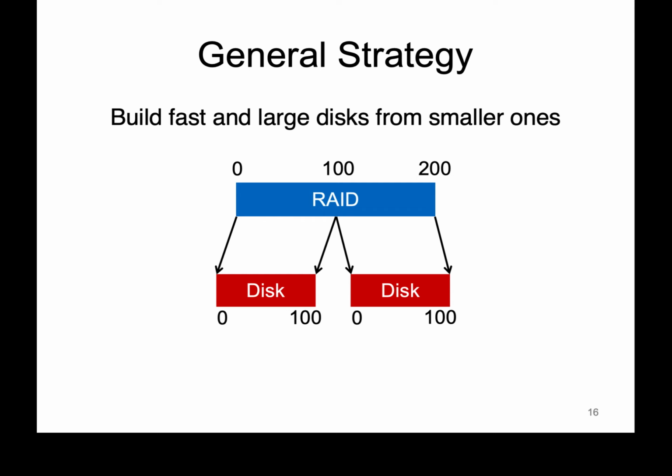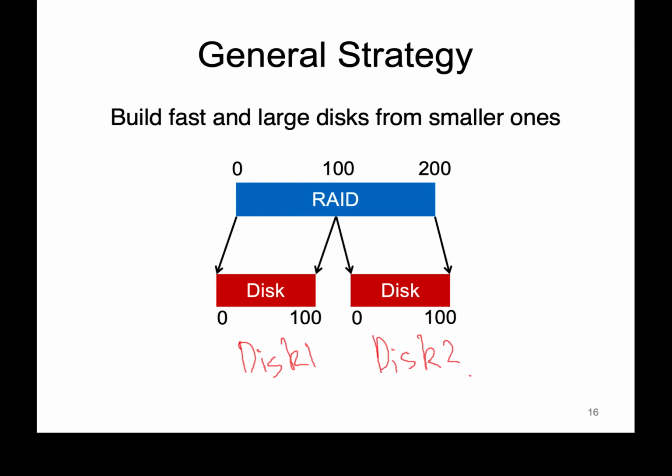So the core idea of redundant array of inexpensive disks is to combine multiple disks together. In its simplest example, as shown in this slide, we have two hard disk drives, disk 1 and disk 2.